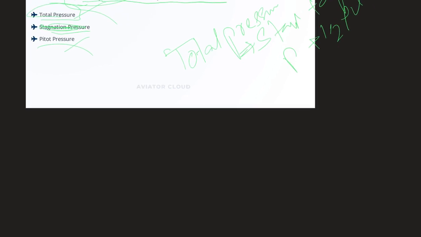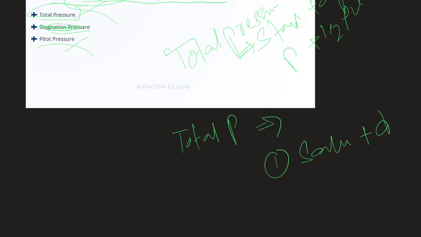A lot of MCQ questions come from here, every year, even in your CPL and any other exam. It is applicable for the cadet pilot exam also. An MCQ will come like this: total pressure is equal to, option A, static plus dynamic, static minus dynamic, something like this.